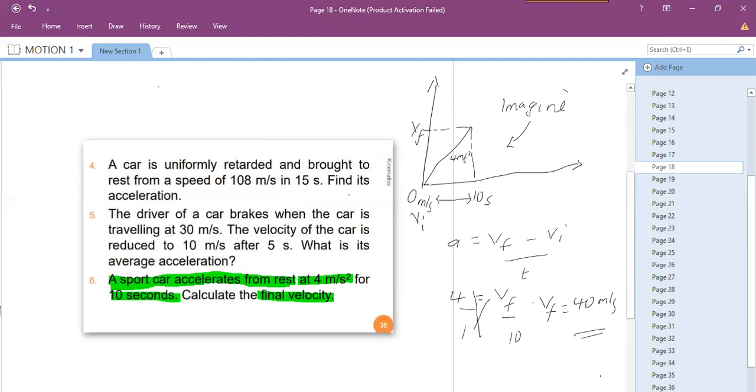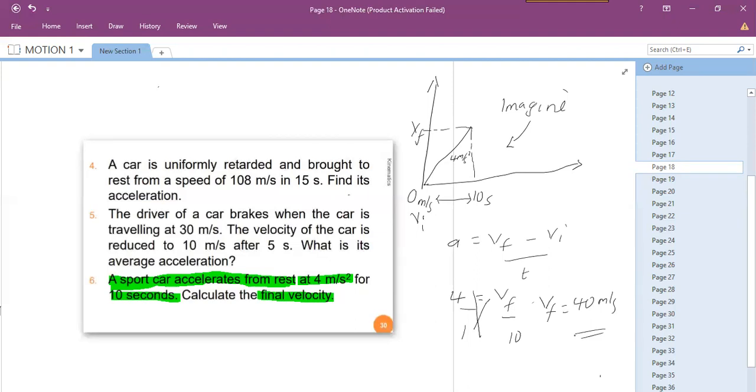These are the scenarios in which questions can come where they are trying to tell you to find acceleration. Either they'll tell you to find acceleration directly, like what question 5 told us to do, where we just plugged in. Or they are telling you to find the opposite of acceleration, which is retardation.